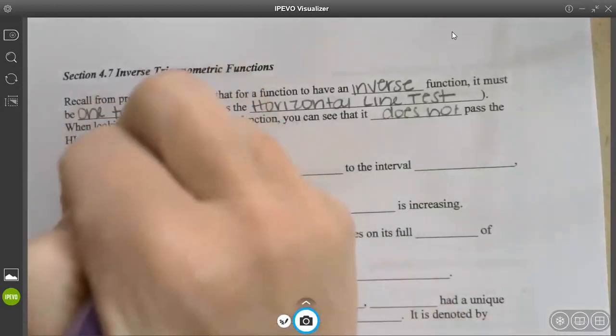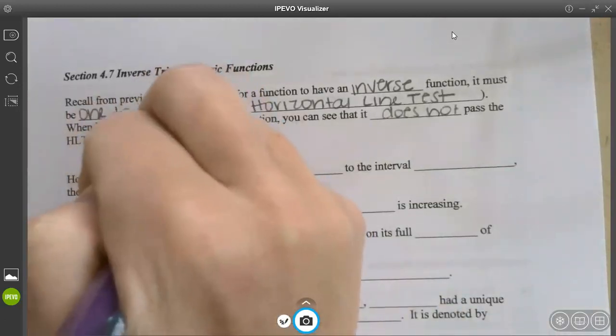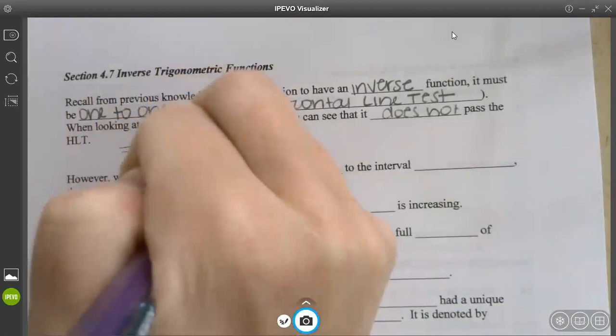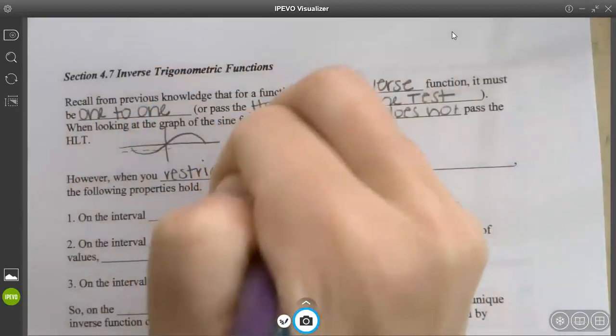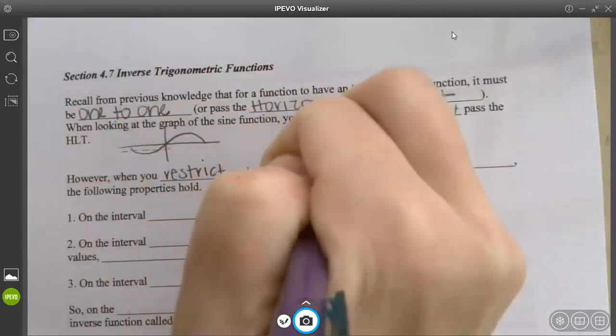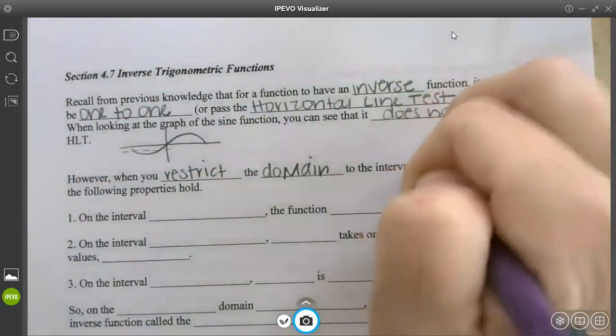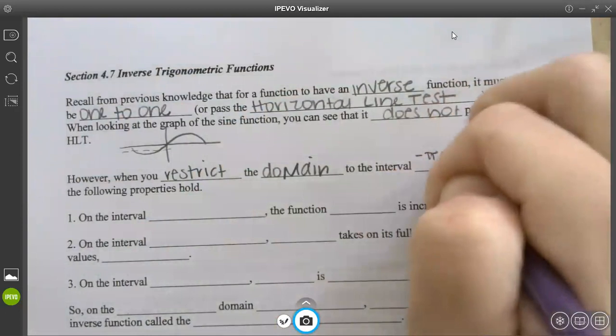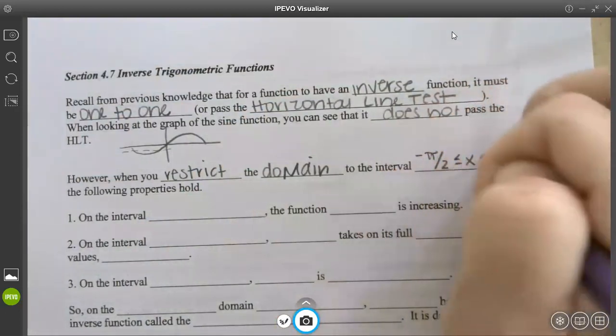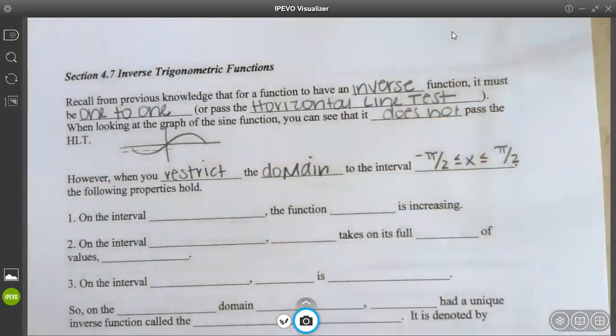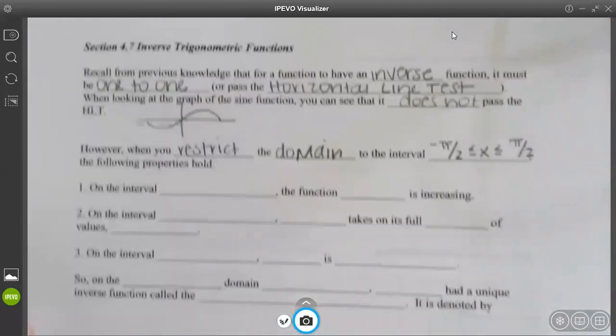However, when you restrict the domain to the interval negative pi over 2 less than or equal to x less than or equal to pi over 2, the following properties hold.